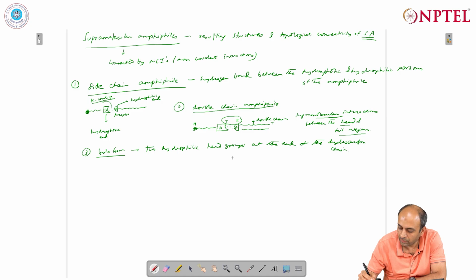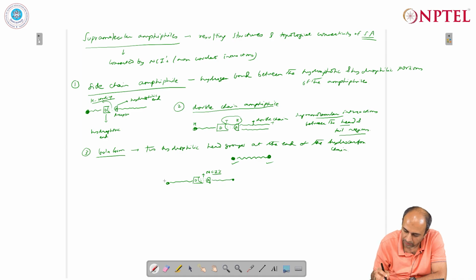So, if you look at the covalent connectivity only, then it refers to the presence of two head groups, and these are connected by a hydrophobic chain. So, this constitutes a Bola form. So, we have got these two hydrophilic head groups which are connected by a hydrophobic alkyl chain. We also have the corresponding supramolecular equivalent of it, where we can have the donor and the acceptor interacting via specific NCIs to give you the Bola form.